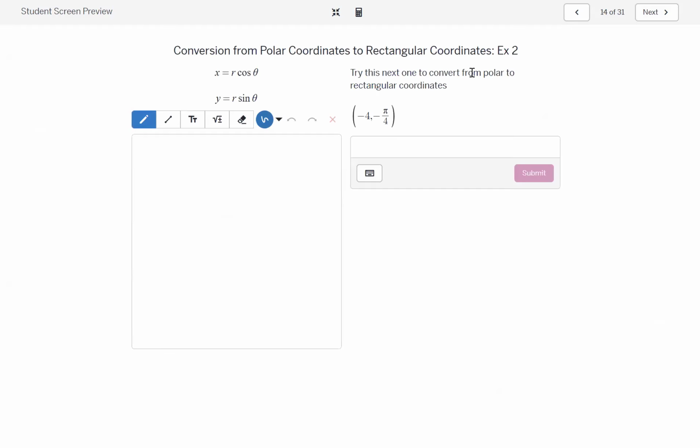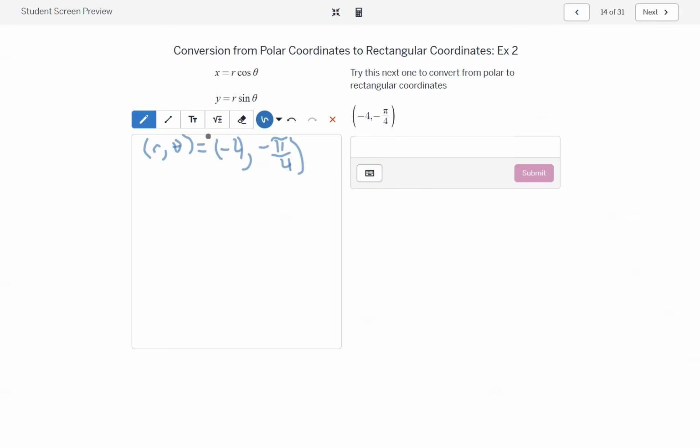So now we're going to try to convert from polar back to rectangular. Since we're converting from polar, this point here is a polar point. What I like to do on these questions to remind myself is say, okay, this is r comma theta.